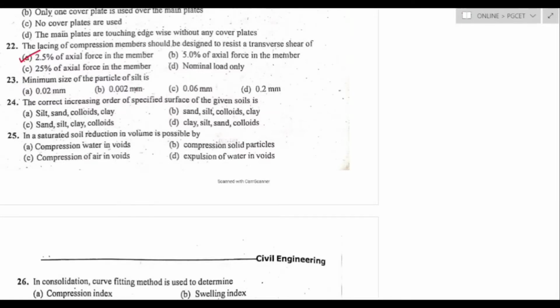Question number 23. Minimum size of the particle size of the silt is 0.002 mm. Option B is the right answer. Question number 24. The correct increasing order of specific surface of the given soil is.